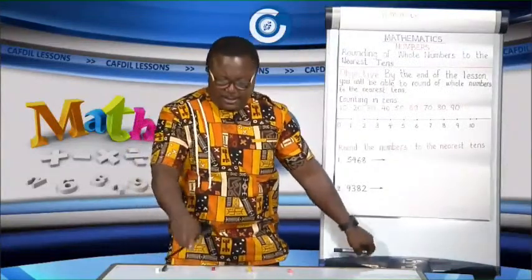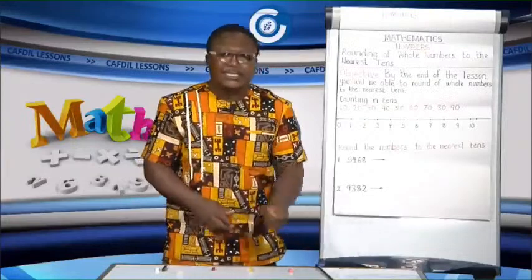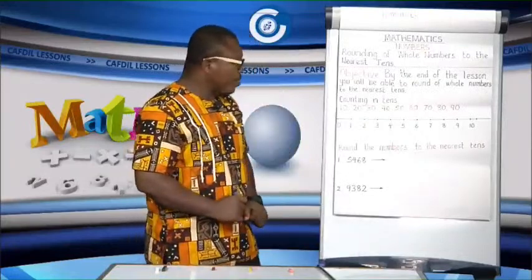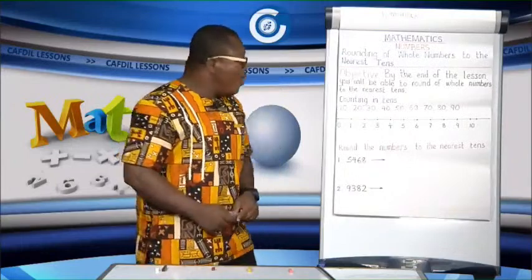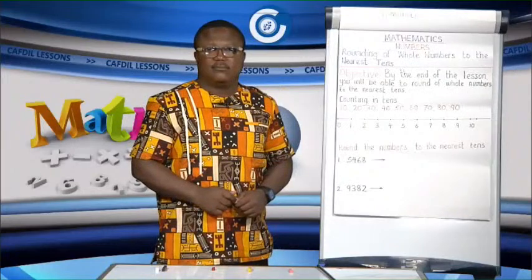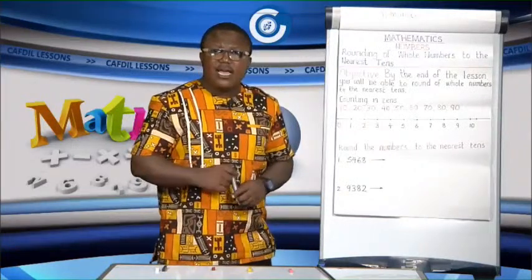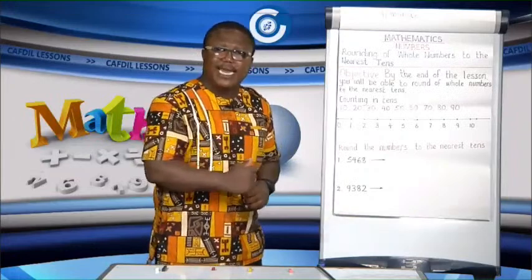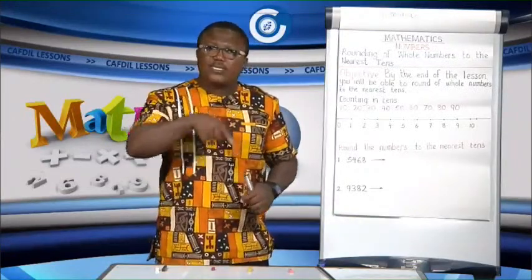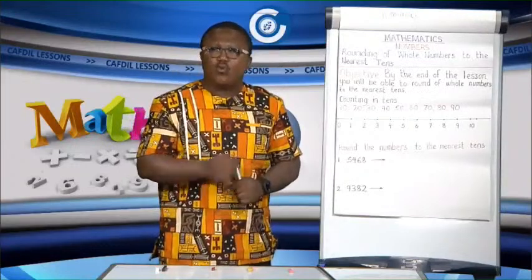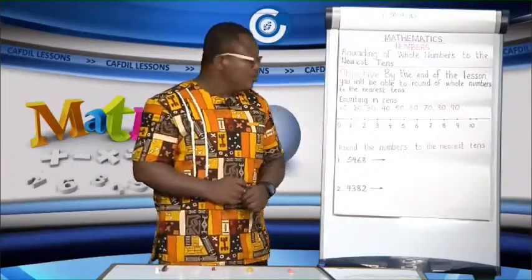So learners, now let us look at it. We are saying if you want to round off the number to the nearest 10, we have to consider the ones, to see whether the ones are closer to 10, or which one is nearest to 10.